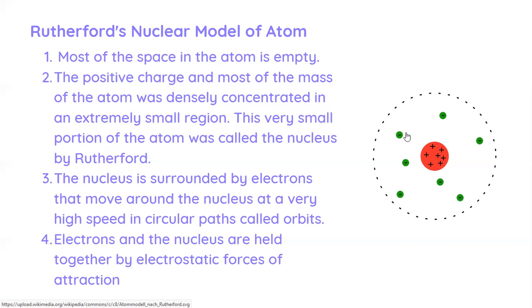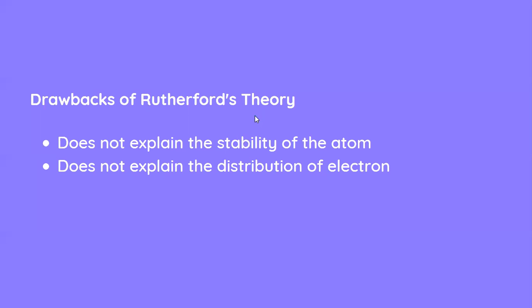Yes, there you have an oval shape and so on, but this is a circular orbit, and the electrons and the nucleus are held together by the electrostatic force of attraction. Obviously, there will be some attraction between the positively charged protons and the negatively charged electrons. So these were the four points of Rutherford's model of the atom.